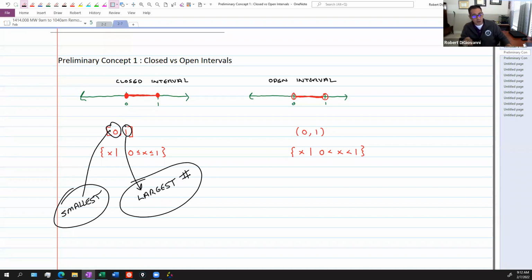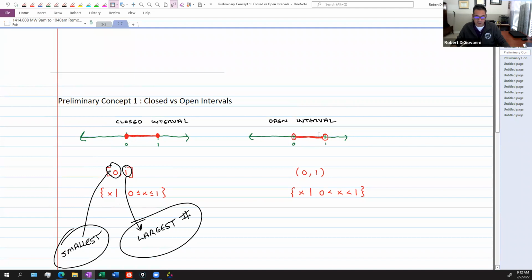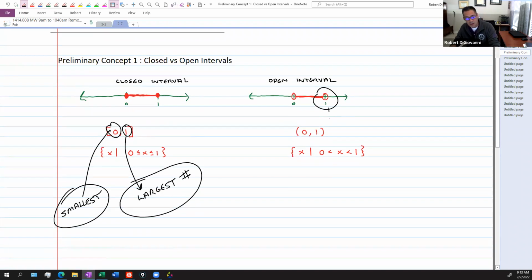But if you look at an open interval, that's all the numbers between 0 and 1, not including 1 and not including 0. My question to you is, what's the largest number in here? There is none.